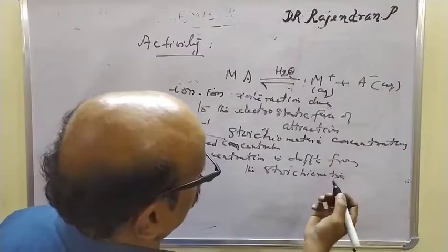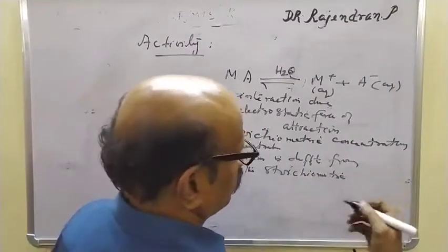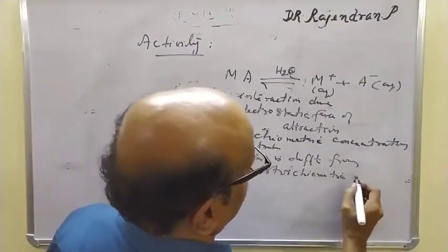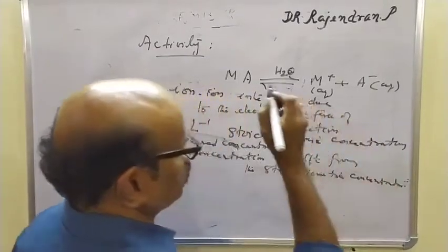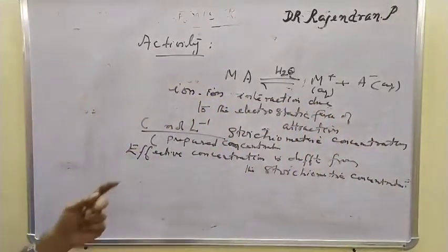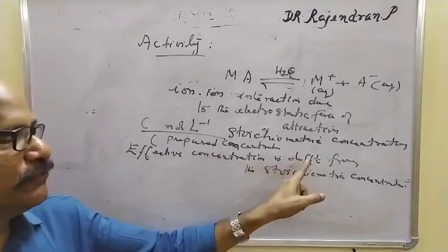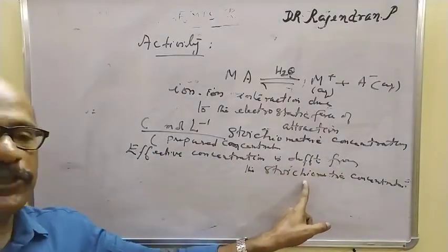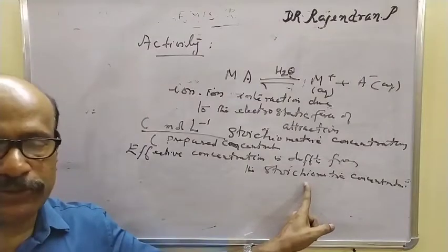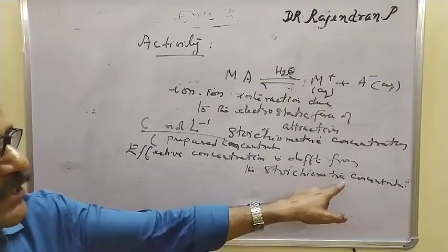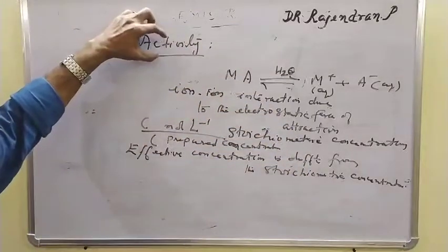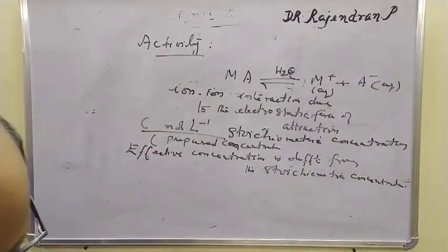This aspect you have to follow, so you have to get this idea clear. There is an effective concentration for the electrolyte which is slightly different from the stoichiometric concentration. That effective concentration is called activity.